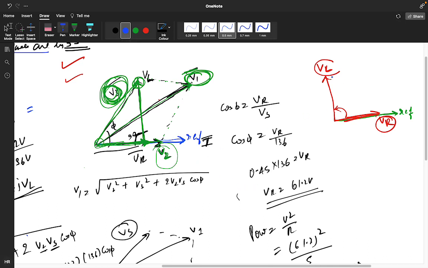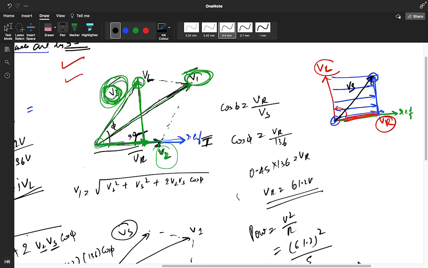We have to shift this vector toward this side. This vector is shifted towards this side. Now you have the tail part and the head part. If you connect tail to head, you will get V3. Understood?